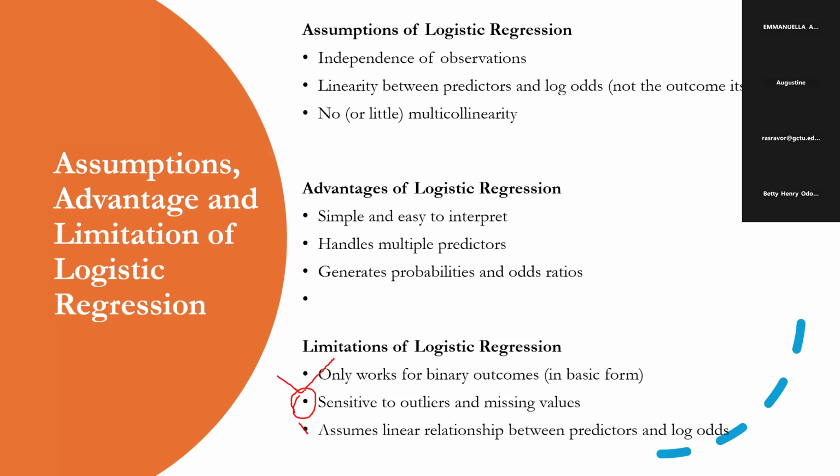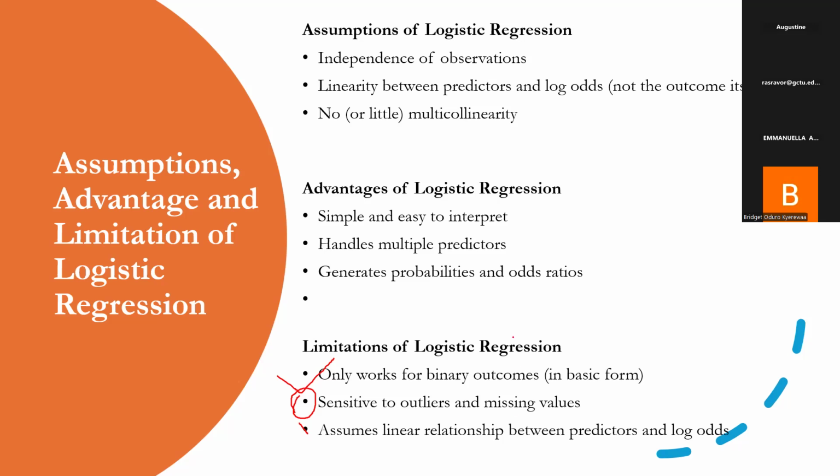At least I'm happy that you remember a box plot. So again, the data assumes linearity between predictor and the outcome, which is not reasonable. So please keep the assumptions and the advantages in your mind.